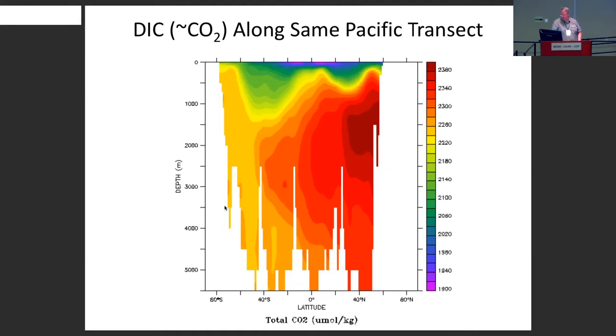I'm showing here another transect of observations. This is total dissolved carbon dioxide in the water, plus all of the other carbon species from the chemical reactions. And we see the same sorts of features that we saw for nutrients, that it's low in the surface waters, because when biological activity leads to production and growth of organic matter, that consumes carbon from the seawater.